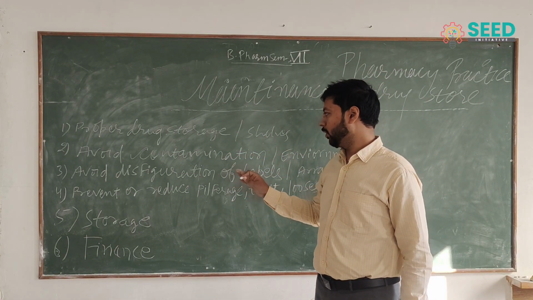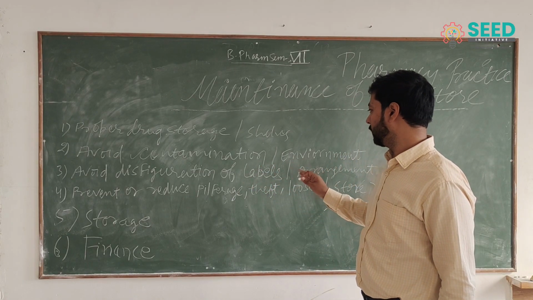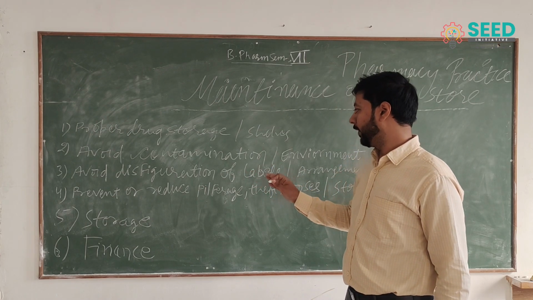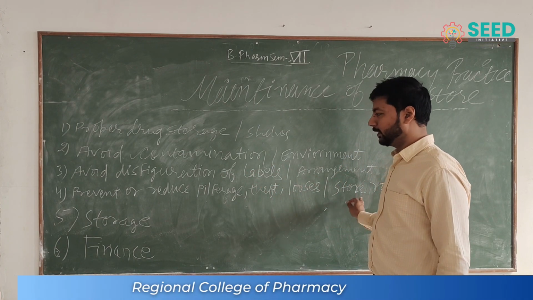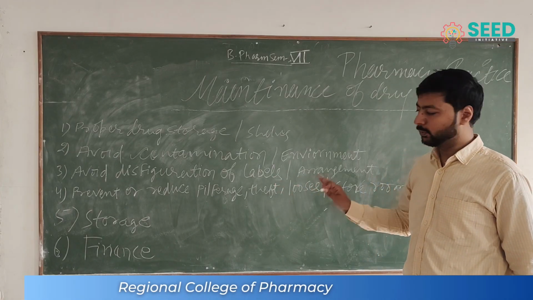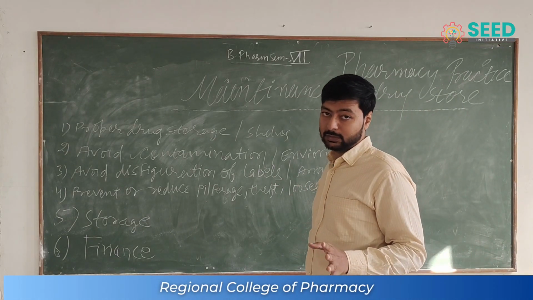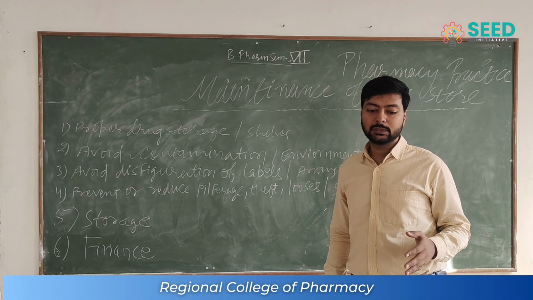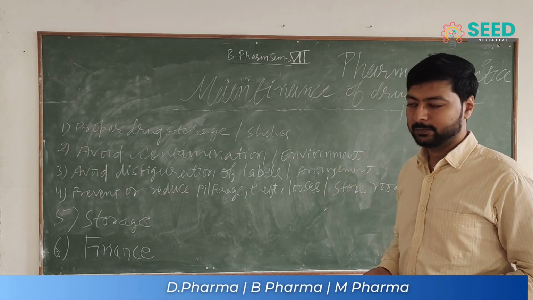Third one is avoid disfiguration of labels, and fourth one is prevent or reduce pilferage, theft, losses in storerooms. Fifth one is storage, and sixth one is very important, that is finance. Because maintenance of a drugstore means if you buy something, you maintain something.